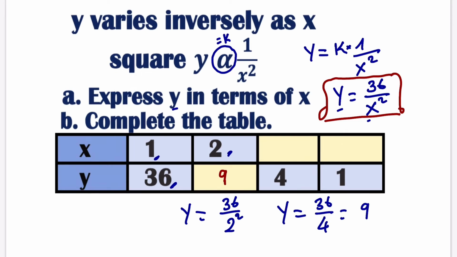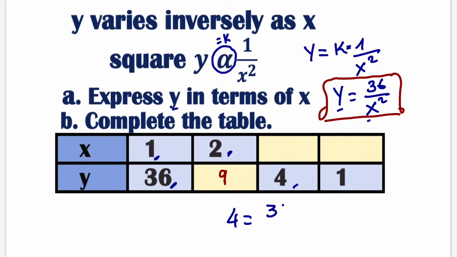Next, in the table we have been given y, and we are asked to look for x. So we just need to plug in the value of y so that we'll be able to calculate x. They gave us y is 4, so 4 equals, following the formula, 36 over x squared. If we cross multiply, we have 4x squared equals 36.